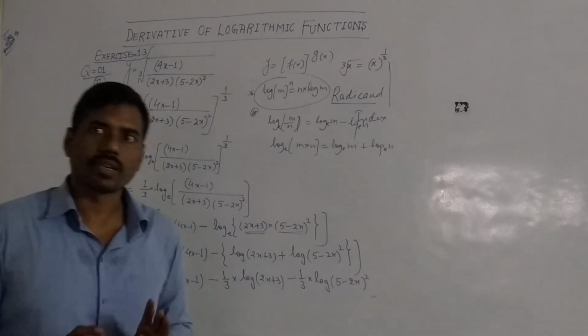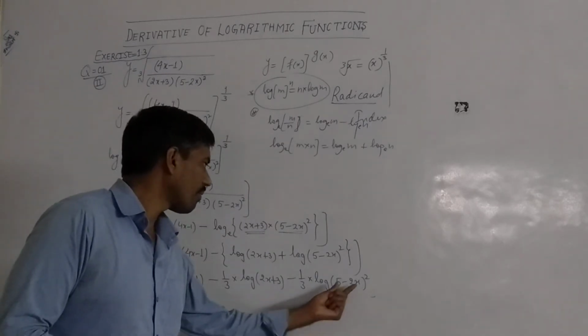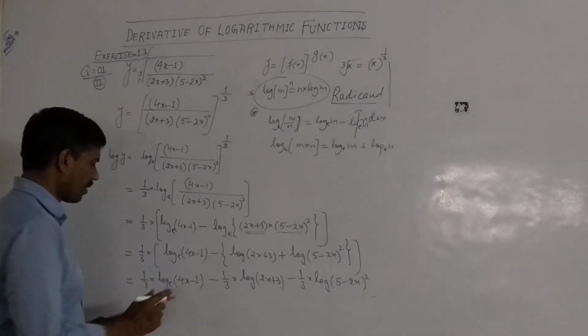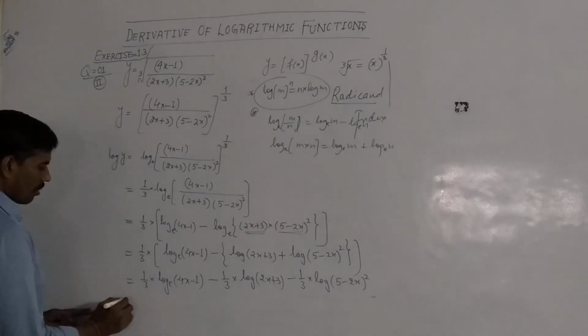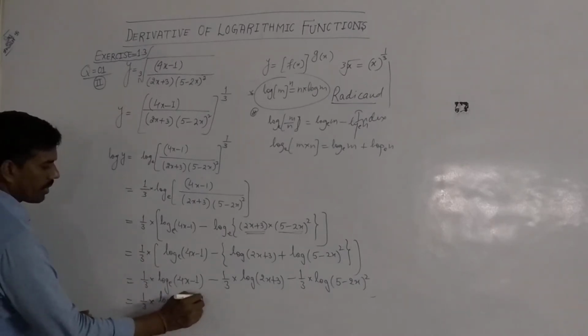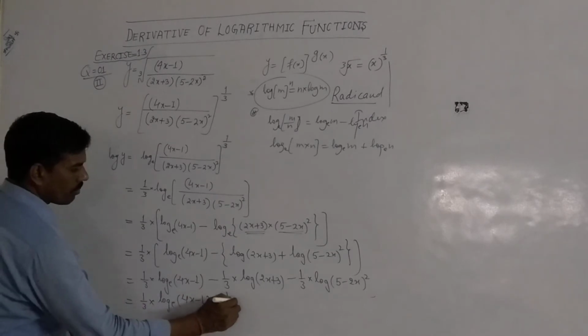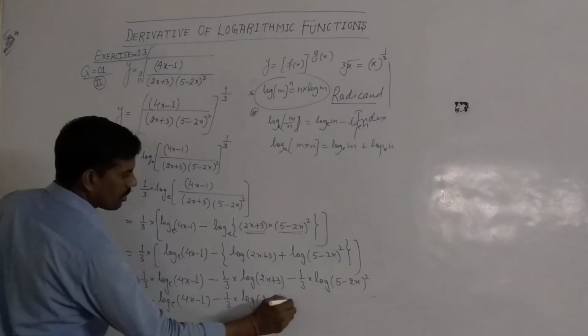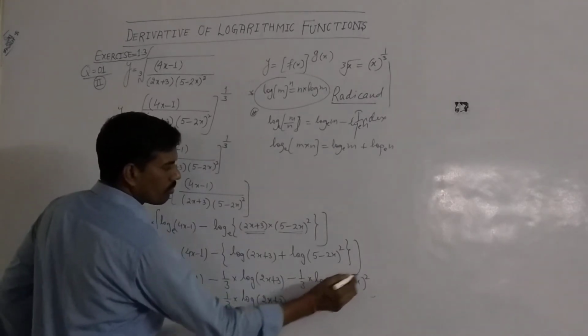One thing is remaining. Here log of m to the power n, and this one is equal to 1 by 3 into log of e 4x minus 1 minus 1 by 3 into log of 2x plus 3 minus log of m to the power n.